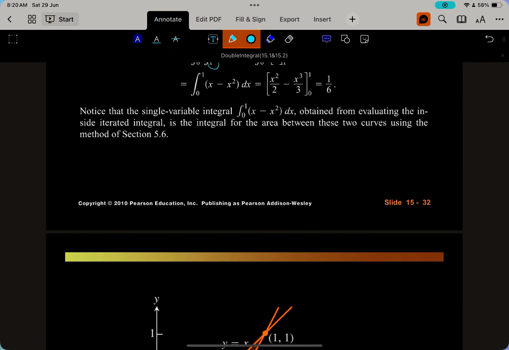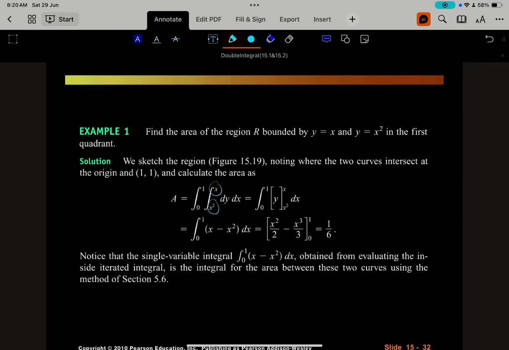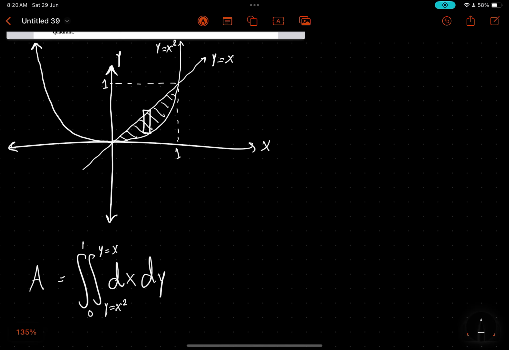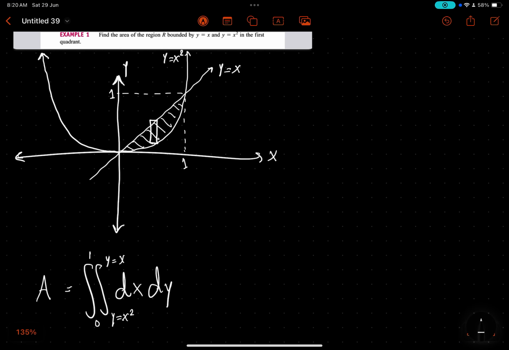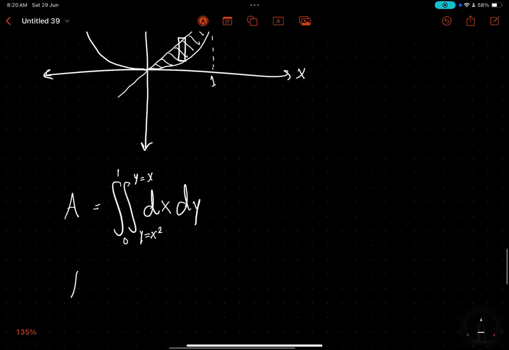Let's check our way. It's from x squared up to x.